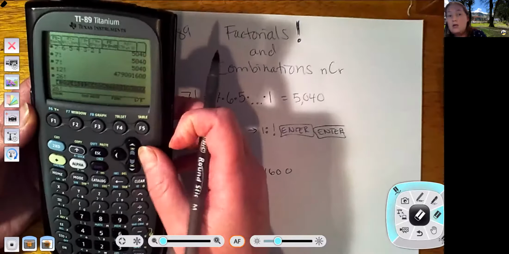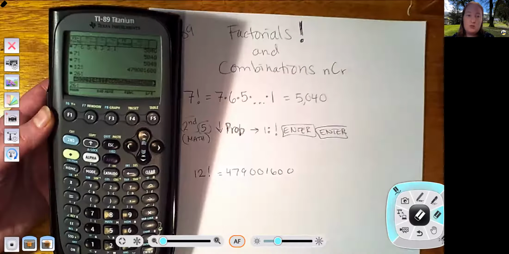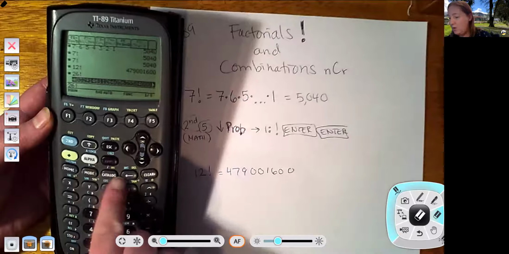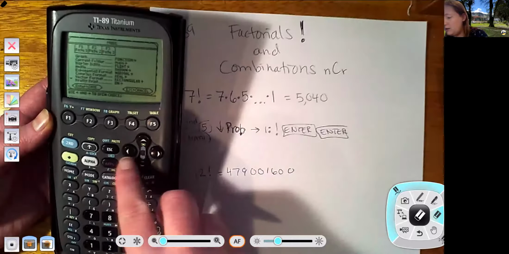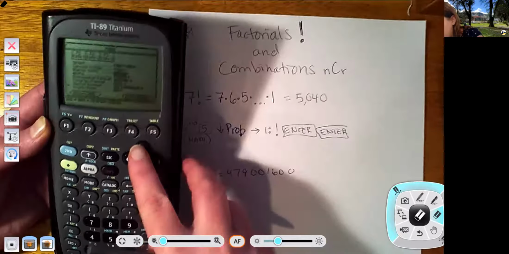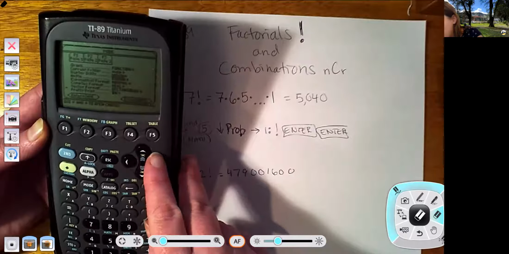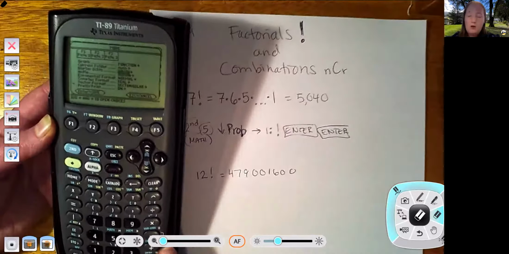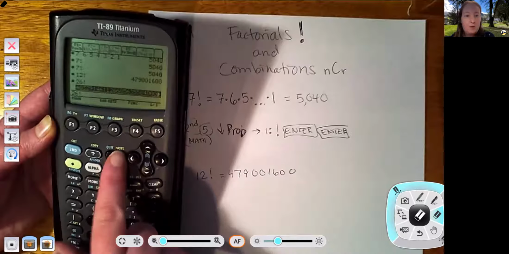I don't have that setting on. It can convert it to scientific notation if you are in the mode doing scientific notation. I have it on float right now. In any case, let me escape that window.